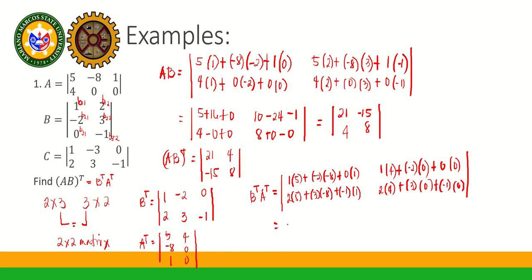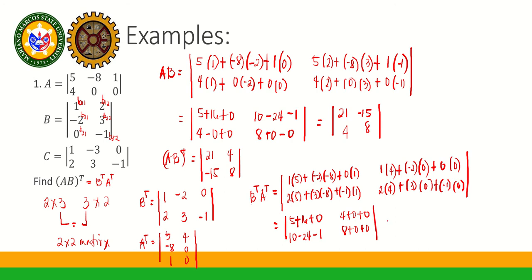So simplifying this one, we have 5 minus 16 plus 0. Hindi pala plus to kasi negative times negative. And then for this one, we have 10 minus 24 minus 1. And then 4 plus 0 plus 0. And then 8 plus 0 plus 0.